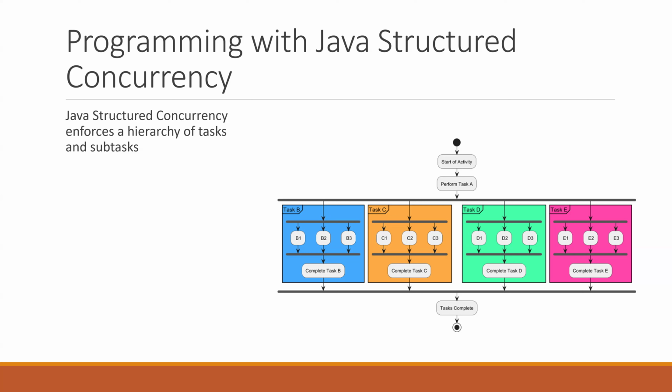But what this means is I can have task A that has subtasks B, C, D, and E, and each one of those has 3 or 4 or 500 or 5,000 subtasks in it. And the same concept, this structured part says that task B won't finish until all of its subtasks are in a completed state, and same for each one of these. And then also task A is not in a completed state until every one of its subtasks is complete as well.